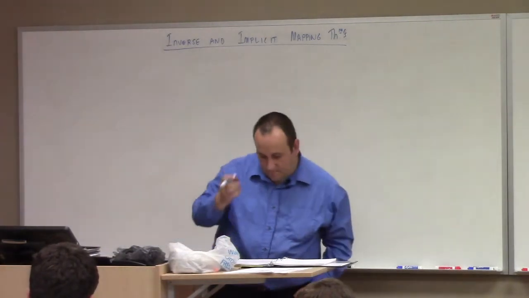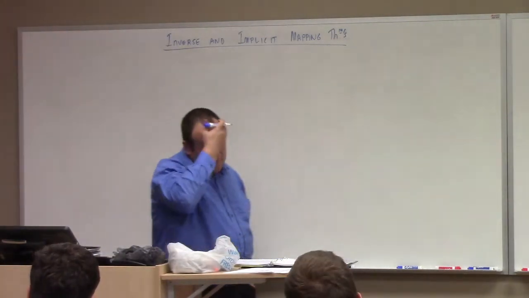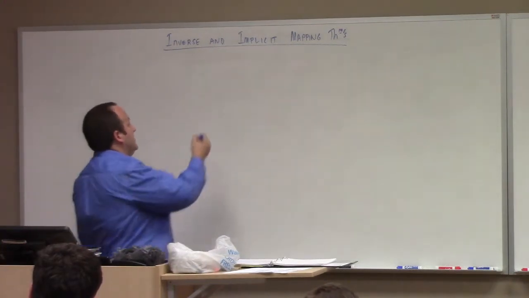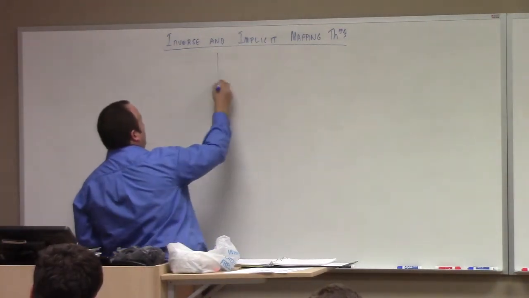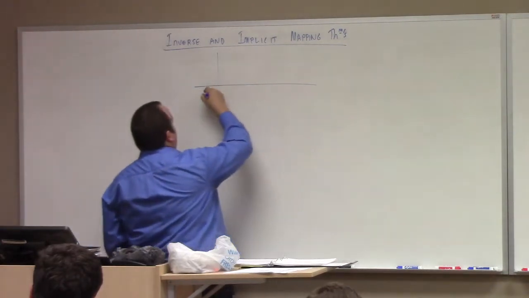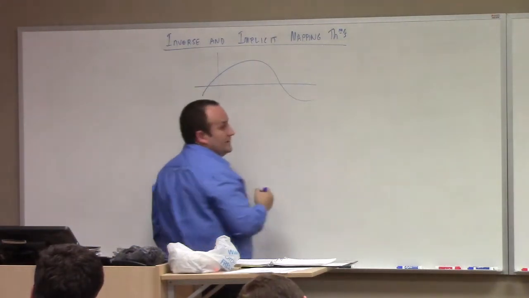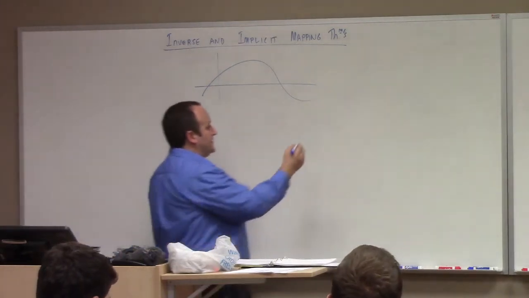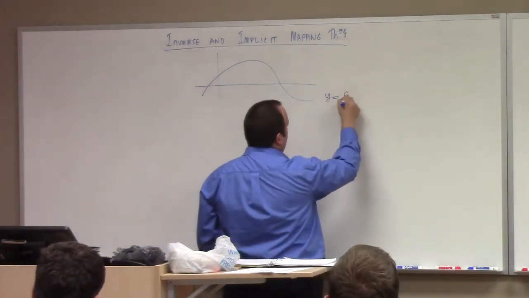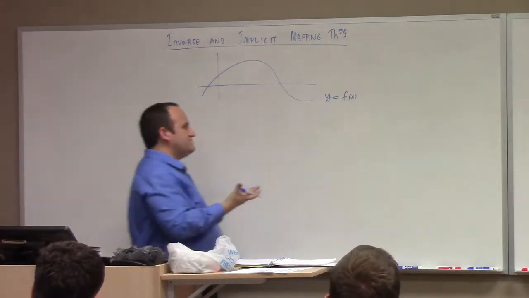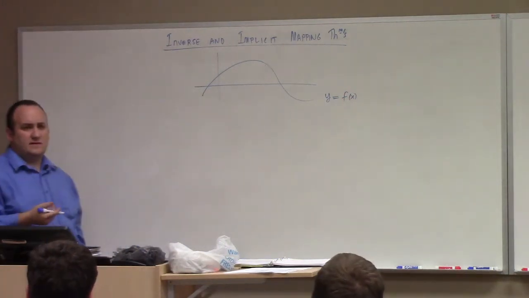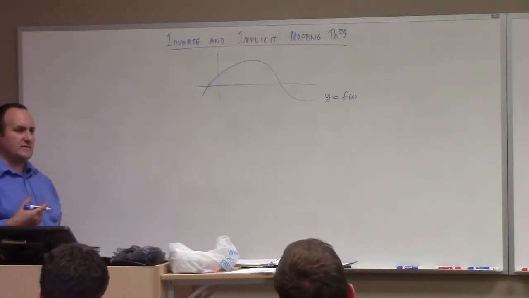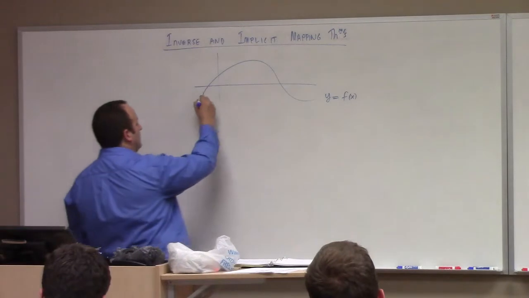So I guess the first thing I always talk about whenever I bring up this lecture is I start by thinking about back in Calculus 1. And I think about the graph of a function, right? And then I ask the question, if this is y equals f of x, then where can I find an inverse function? What do I mean by an inverse function for such a thing?